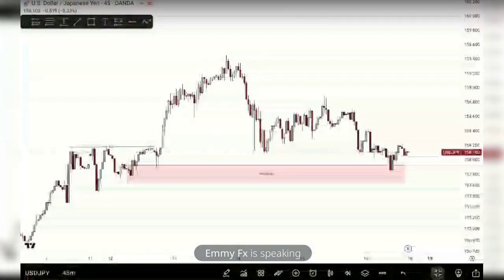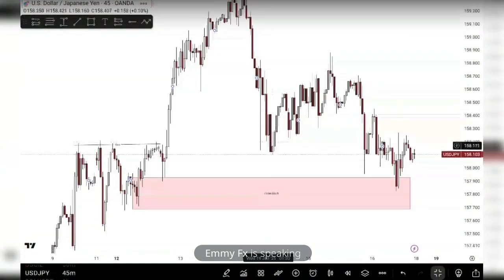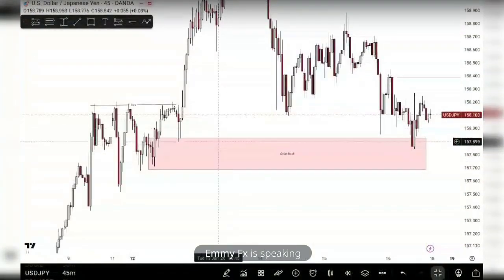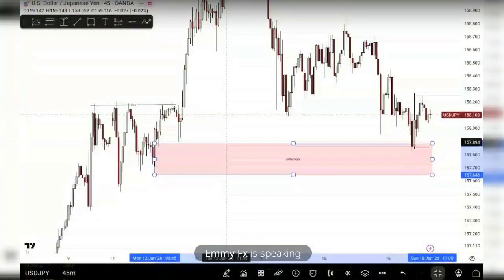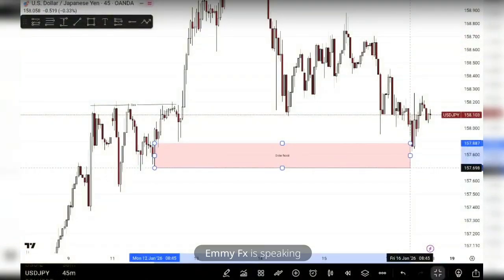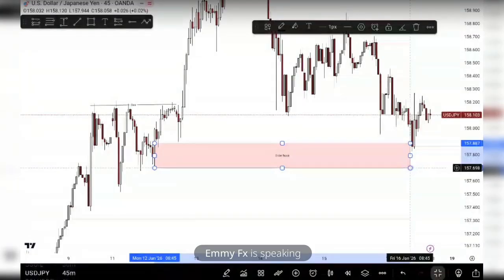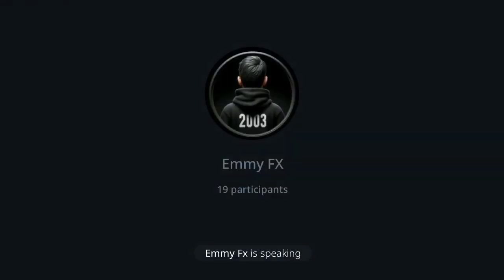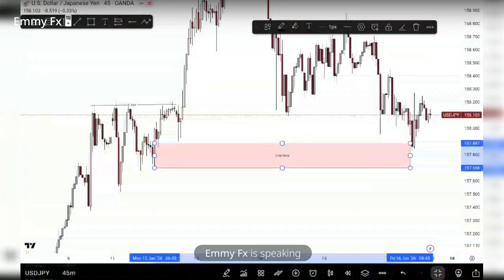Let's switch to the 15 minutes, then we'll look at what the market is like currently. We have this break of structure, with price starting from the order block that causes this break of structure at this point.